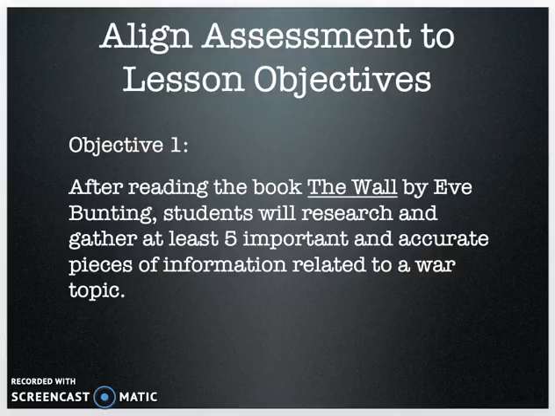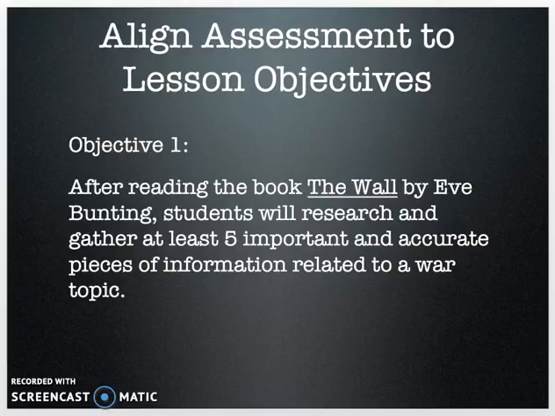If the lesson objectives were written correctly, in my book anyway, with a condition, a behavioral verb, and a criteria, that's going to help you align that assessment with the goal or objectives of your lesson plan.